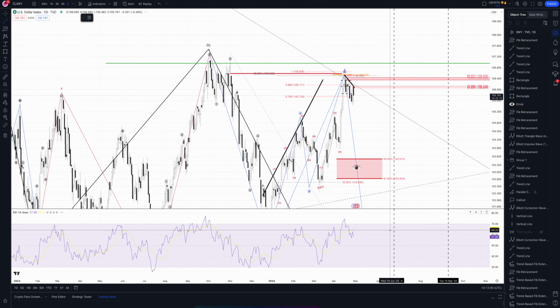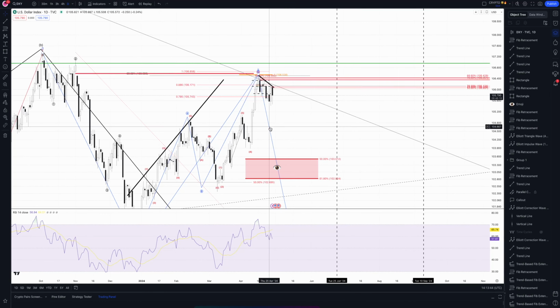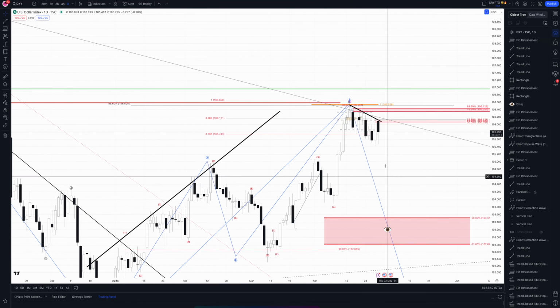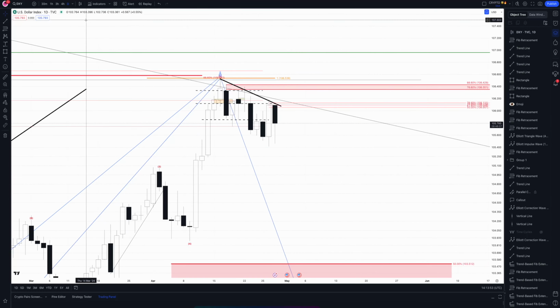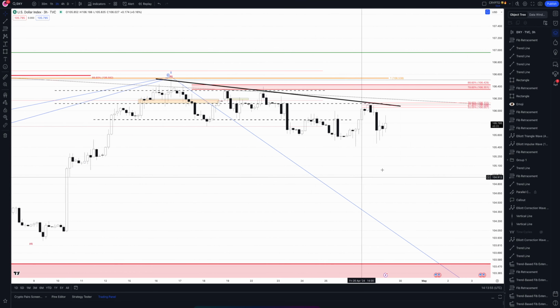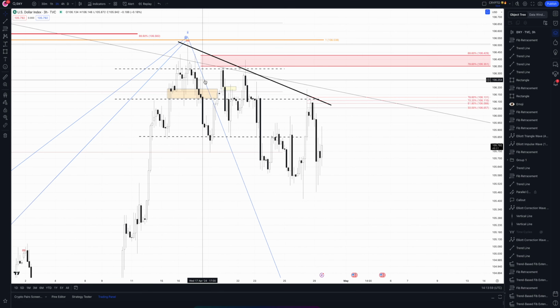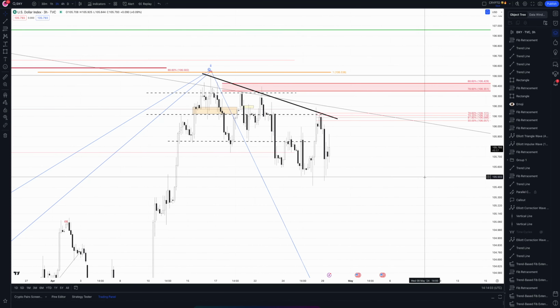Let's see what this looks like on the daily. Okay, so Sunday's open, we had a big drop on Sunday. I believe that had to do with the news coming out with the Bank of Japan and their currency.